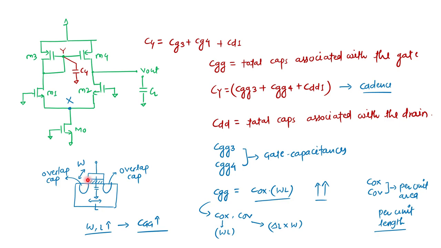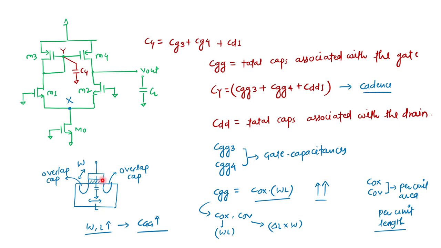These N wells and the gate oxide have some overlapping length that I call del L. Inside this space the width is W and this is my length. The overlapped part I call del L on this side, del L on this side. So del L times W is the area for the overlap cap, and L times W is the area for the oxide cap.